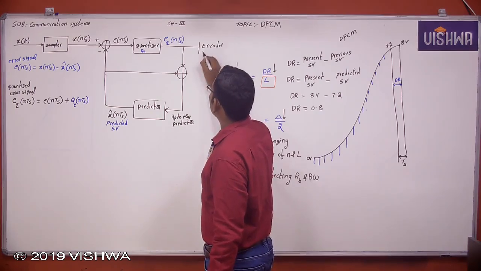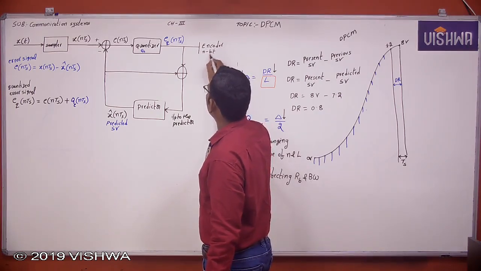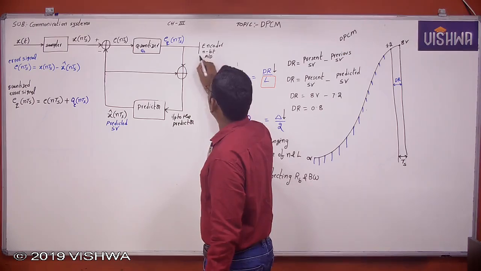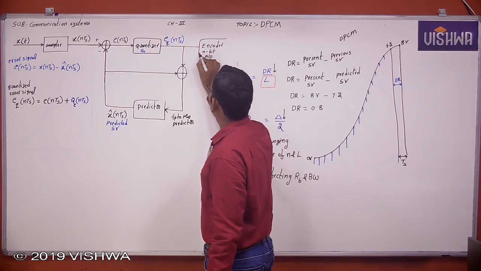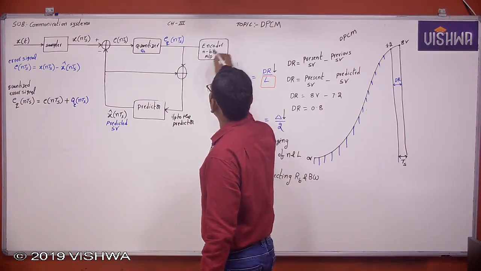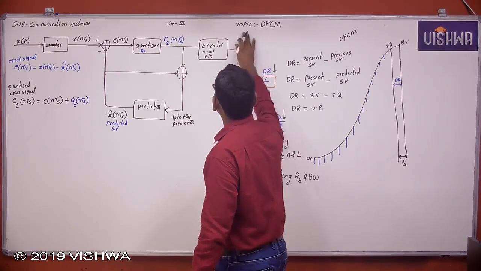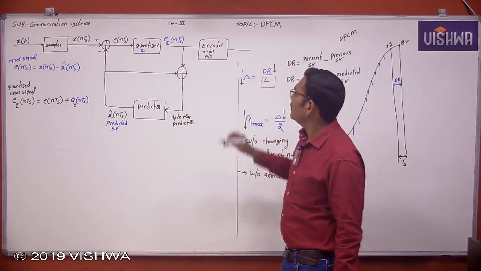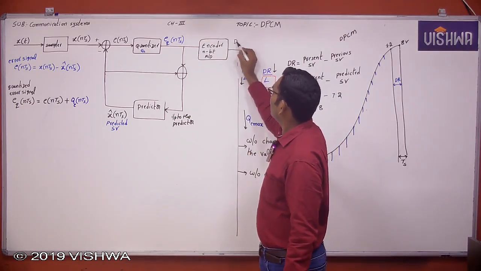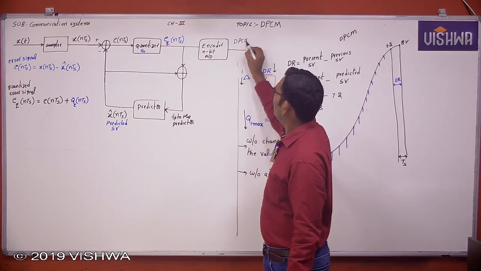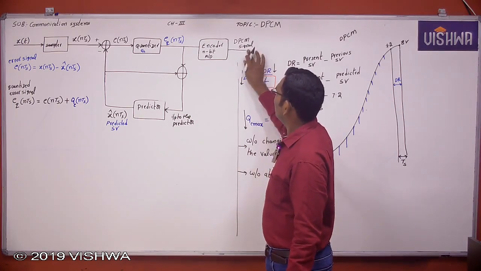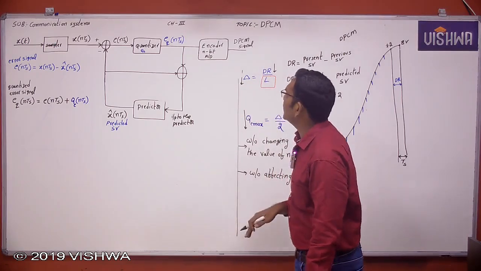The encoder is nothing but an n-bit A to D converter, the same as in PCM. Due to this n-bit A to D converter, the quantized error signal becomes digital binary data, which is the differential pulse code modulated signal, the DPCM signal, a differential digital data.